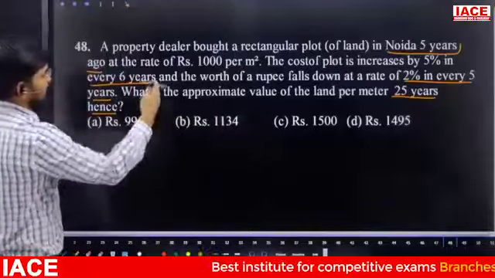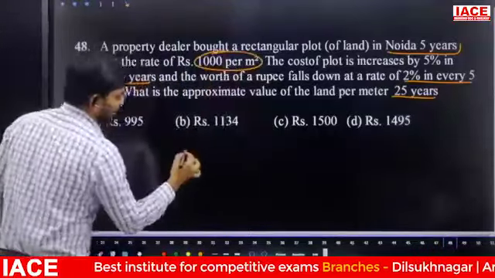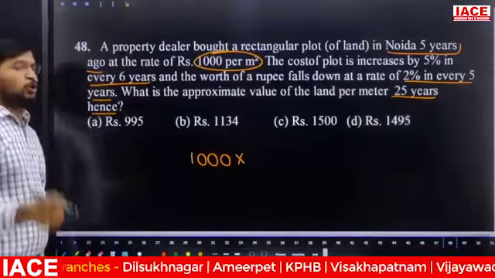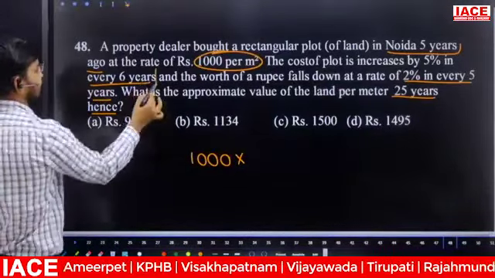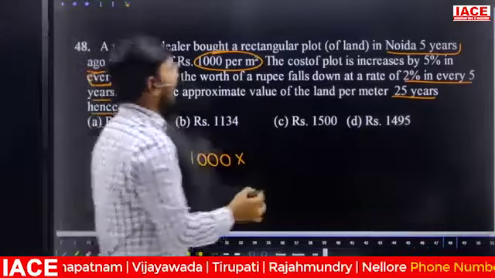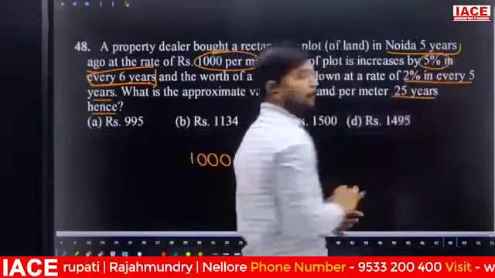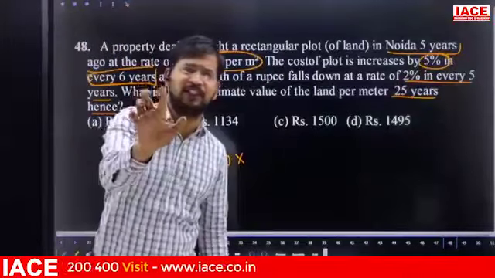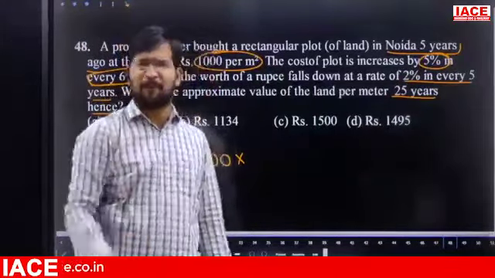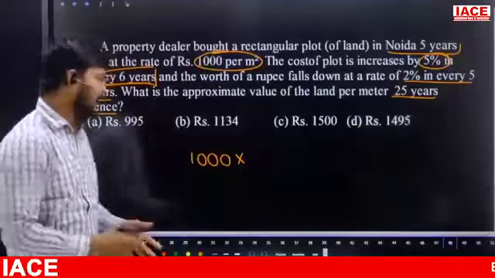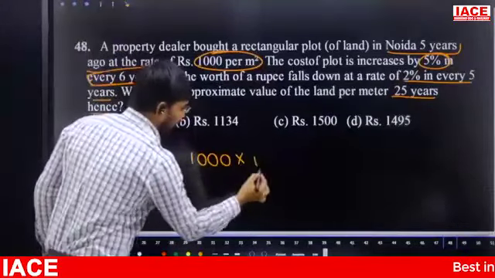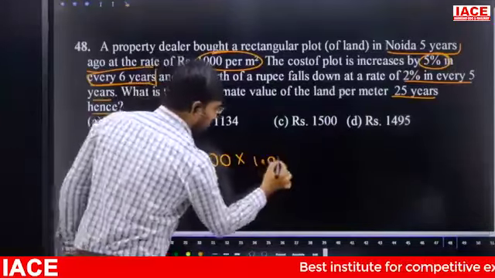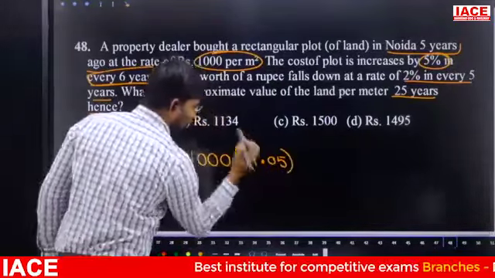So here 5 years ago the land value is what? 1,000 rupees. 1,000 into, so total 30 years. For every 6 years flat value increases by 5%. 5% increases is nothing but that should be 105%. 105% simply I can write as 1.05.